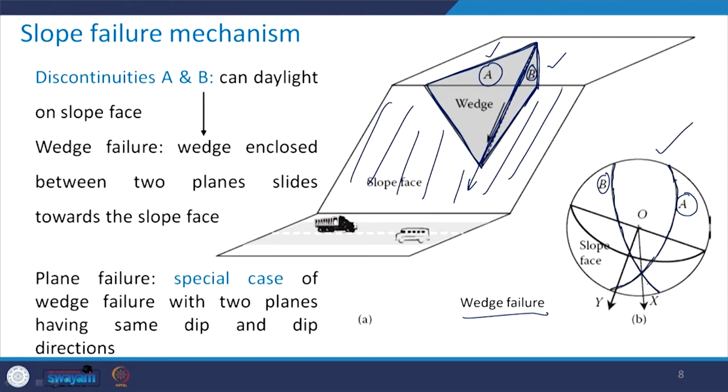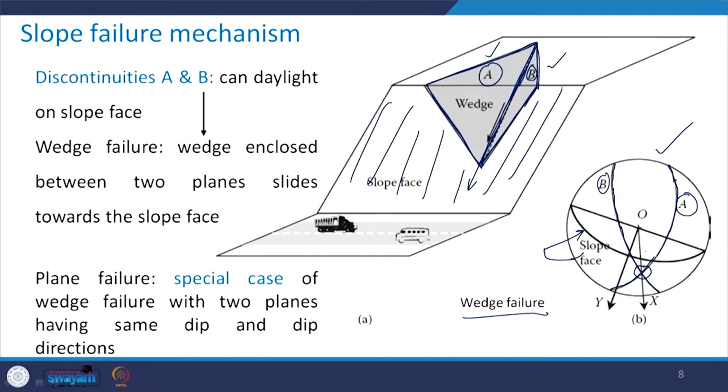And this great circle, which is shown by the little thicker curve, is for the slope face. So, you see both of these planes are intersecting at this particular point.